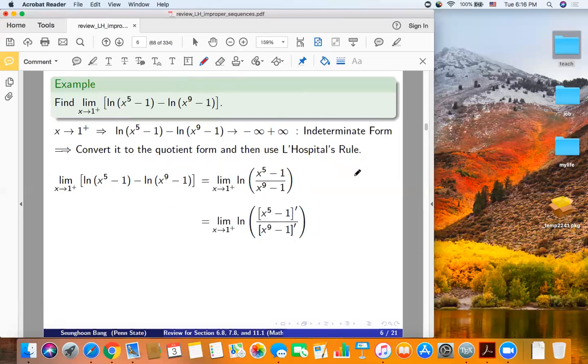You have to use L'Hopital. The derivative of x to the 5 minus 1 is 5 times x to the 4. The derivative of x to the 9 minus 1 is 9x to the 8. So next, you plug 1 into x. So we have 5 times 1 to the 4 over 9 times 1 to the 8, which is 5 over 9. This is the answer.